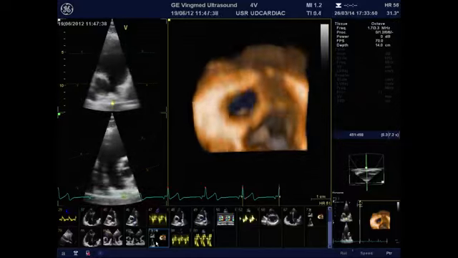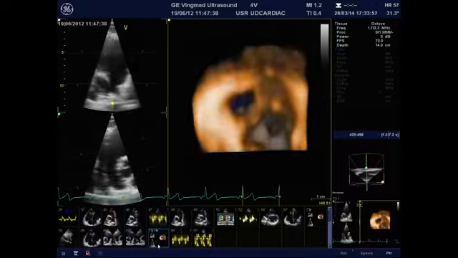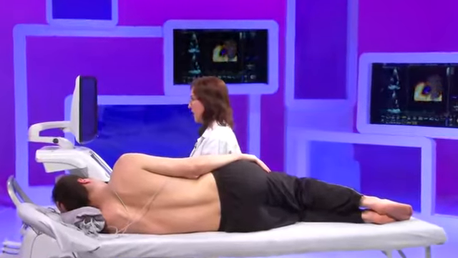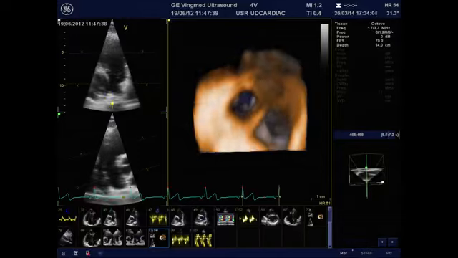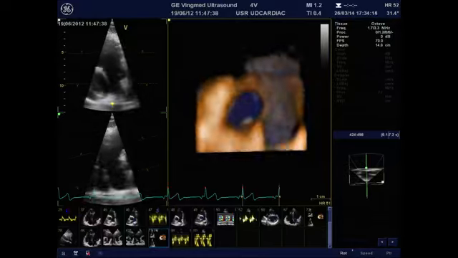Here the point of view is from the pulmonary artery, and you can appreciate from this image aside that there is lack of coaptation in diastole. If I freeze the image, here you will see a hole, and if I play the image, you will see that only 2 of the 3 cusps are visible. So the morphology of the valve is indicative of a primary cause of the pulmonary regurgitation.